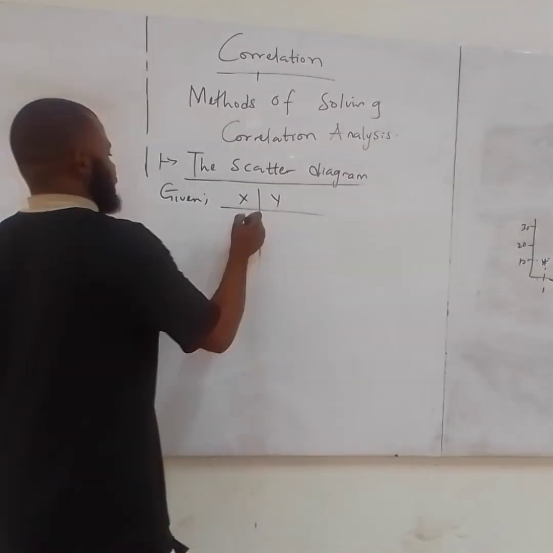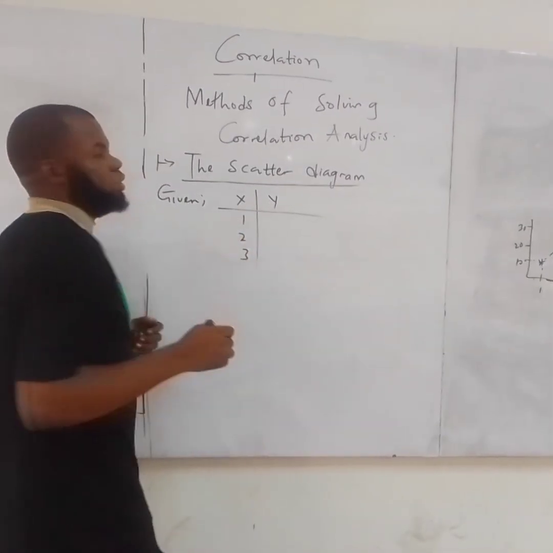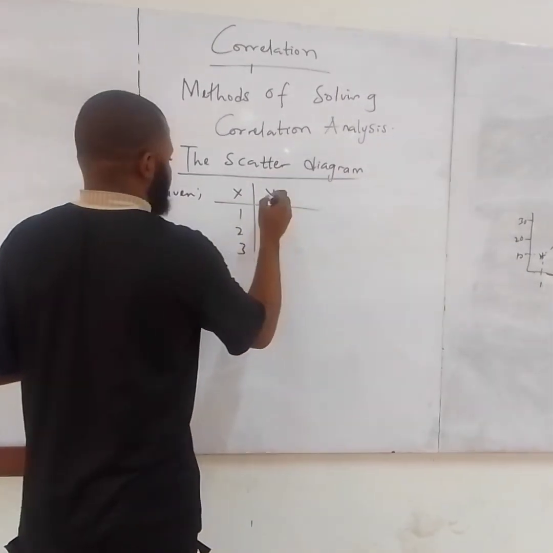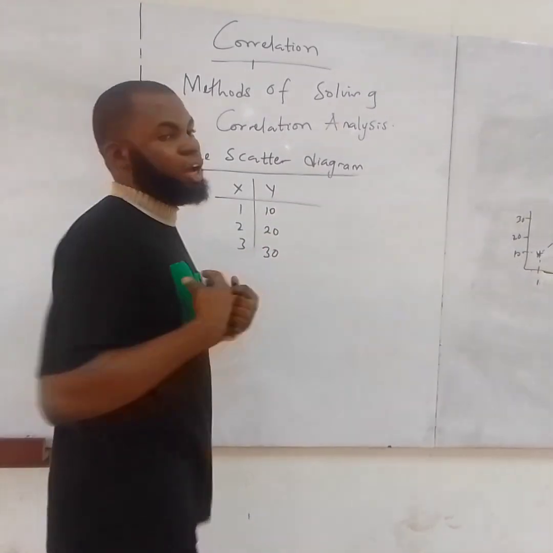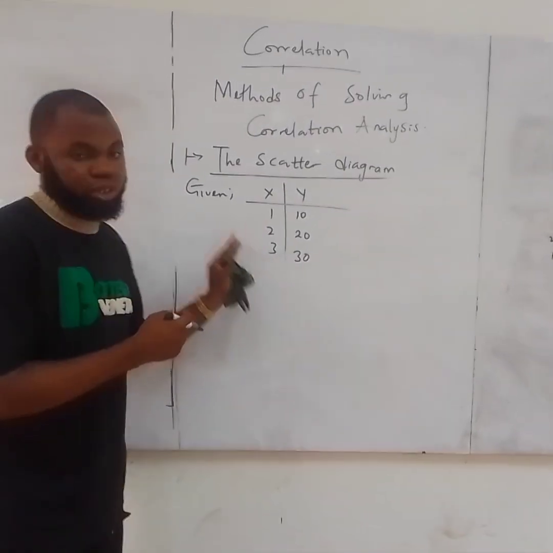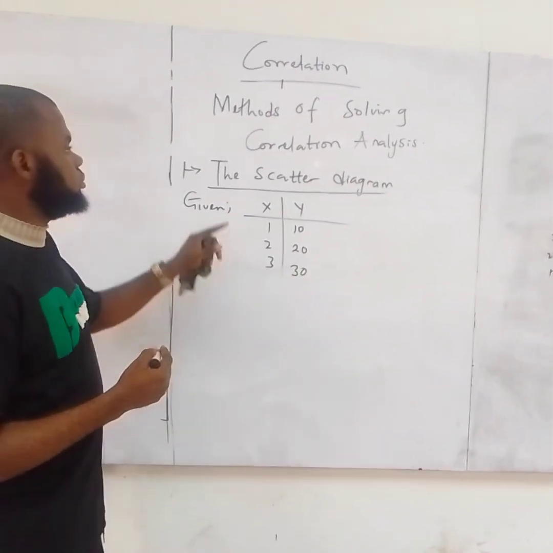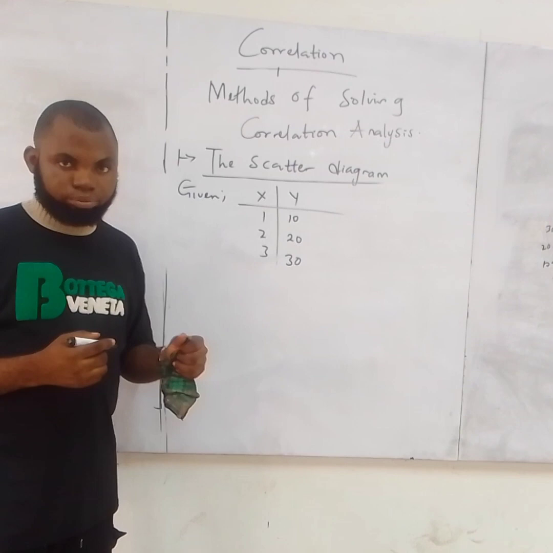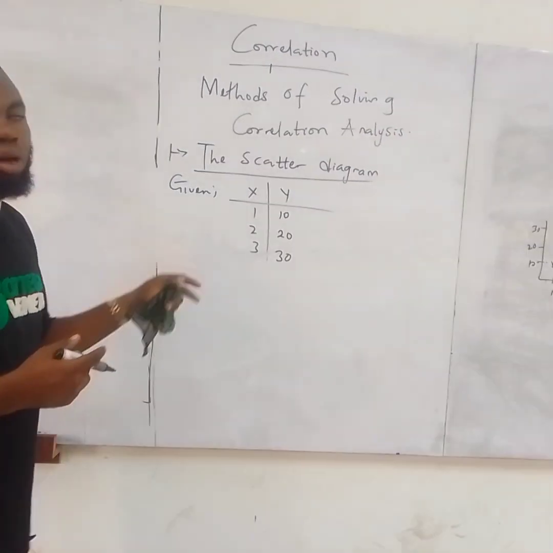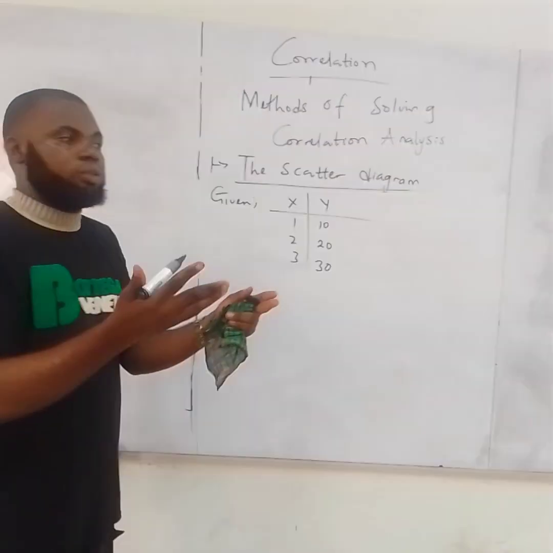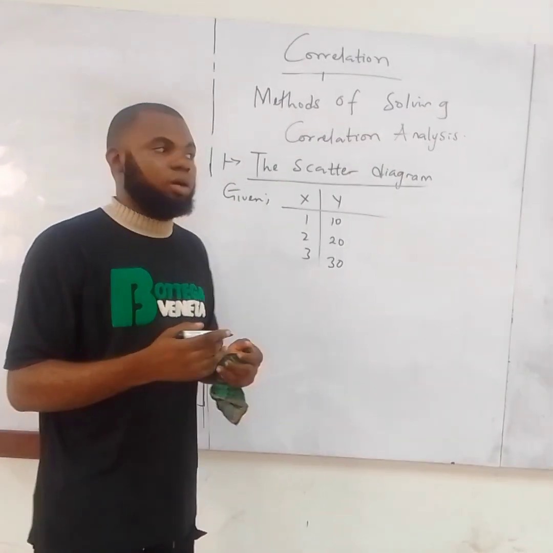Let's say x is 1, 2, 3 and y is 10, 20, 30, and we have to represent the above data using the scatter diagram. How will I go about it? It's just normal solving.